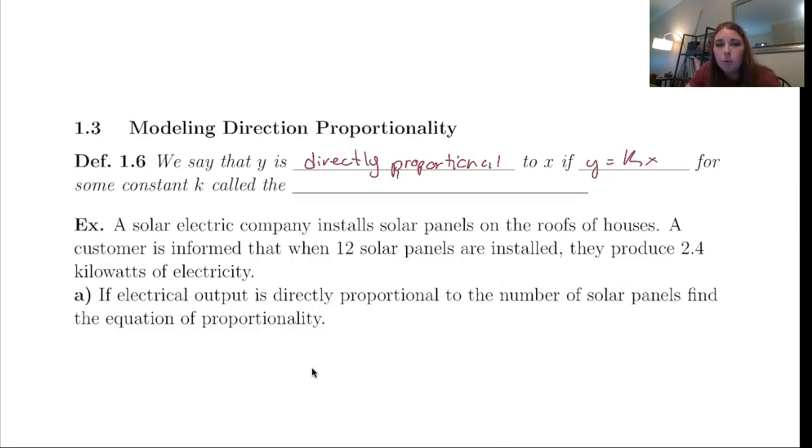So it's just a multiple of it, right? It's not plus another constant like moved over a smidge, right? And that constant k is called the constant of proportionality.